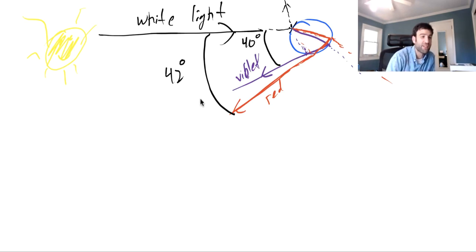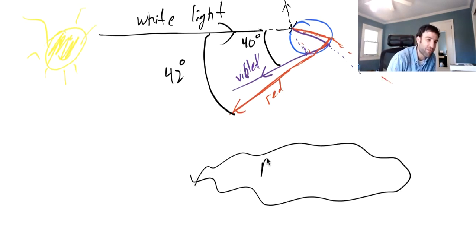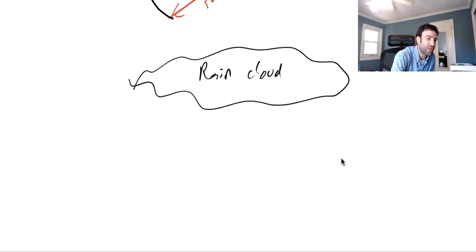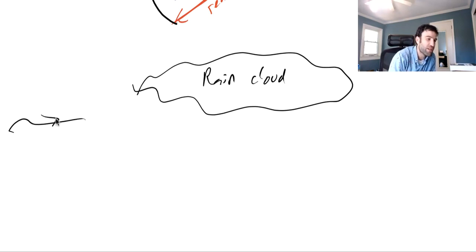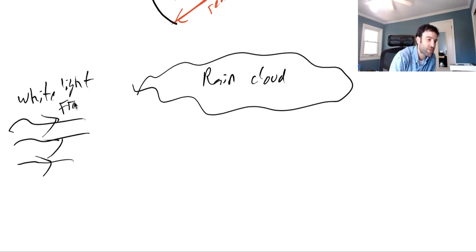So if I start my sketch over again, I'm going to have a rain cloud over here, with incoming white light from the sun. And in the rain cloud, there's going to be a bunch of these little droplets of rain.